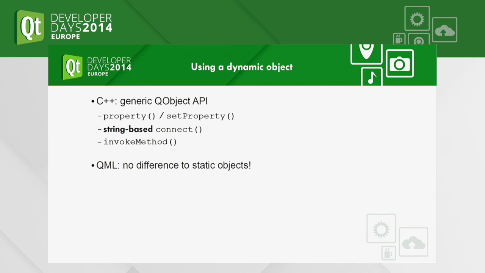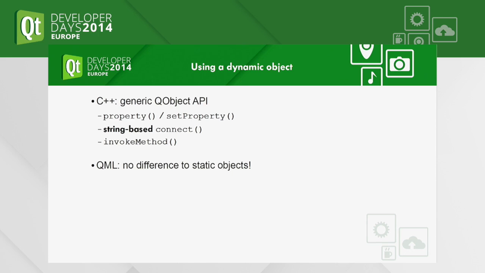It's a string-based connect, right? We can't do the function pointer connects. And there's the invokeMethod function, which again, given the string name of a method, allows us to call a function. That's, of course, not how we want to really interact with C++ objects. And that's why most of the IPC systems have a code generator that then turns this into actual C++ functions.